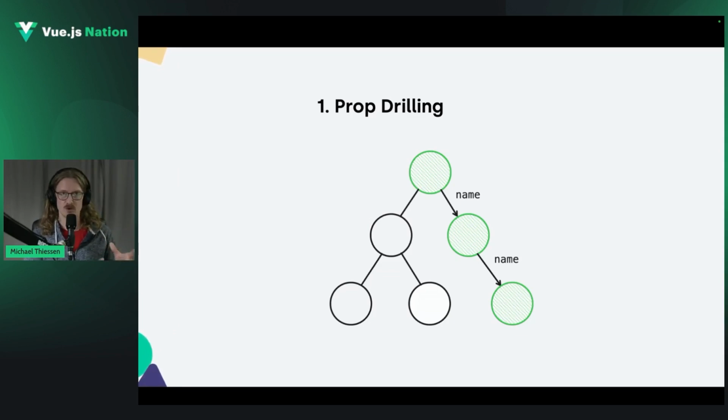They're just components that are taking in a prop and passing it down to the next component. And this has all sorts of problems. It makes your code really tedious and brittle. If you make changes, it's easy to break things because you don't realize that these props are getting passed around, and it just creates a big mess.